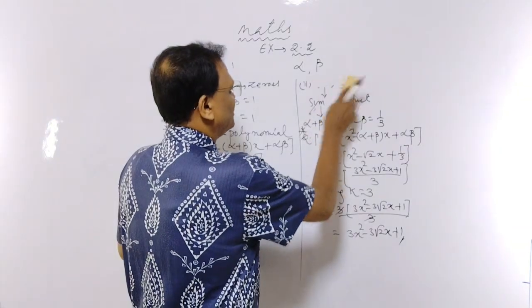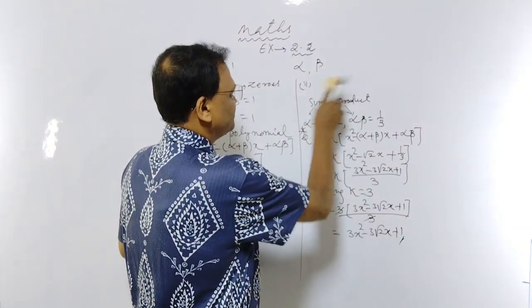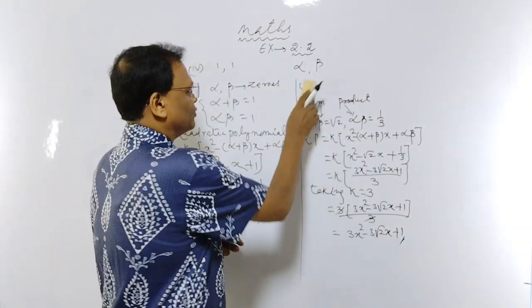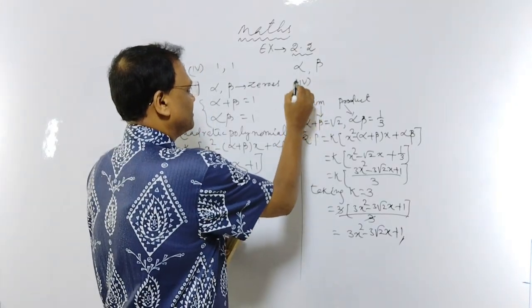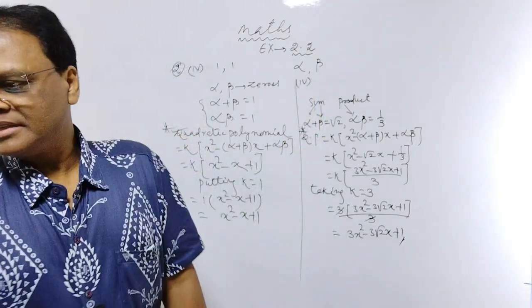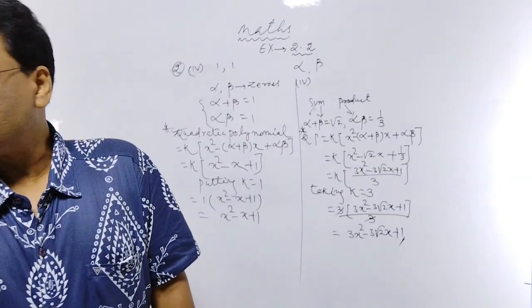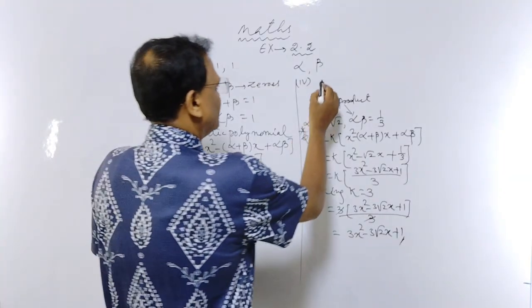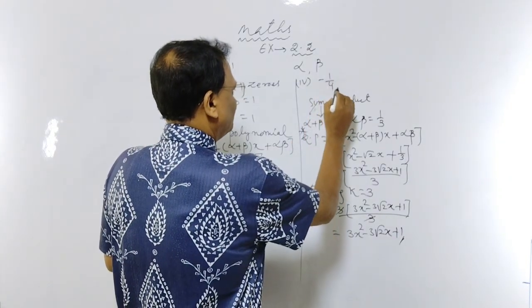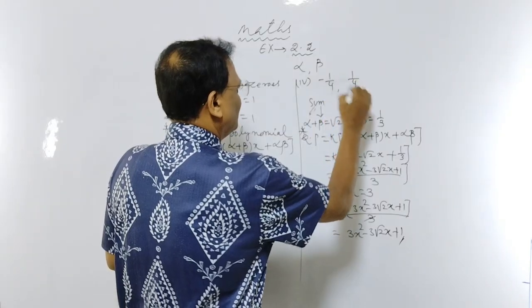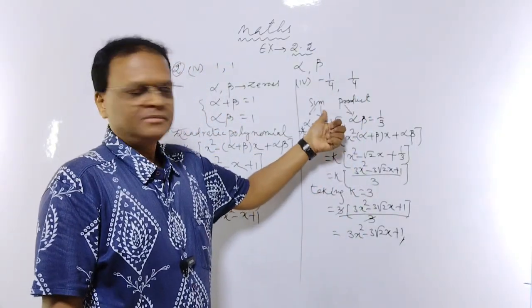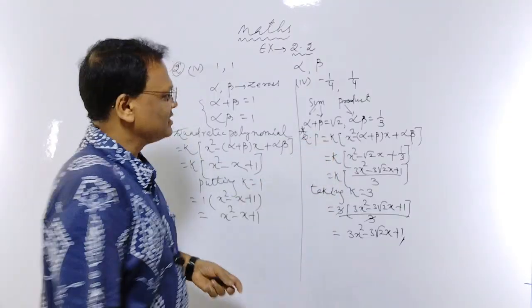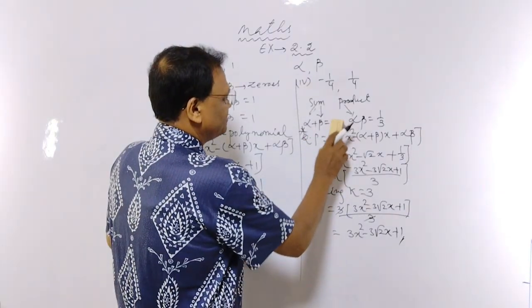The fourth one, the numbers he has given: first number is minus 1 by 4, second is 1 by 4. So in this case, sum alpha plus beta, let me only change the values, that's all.